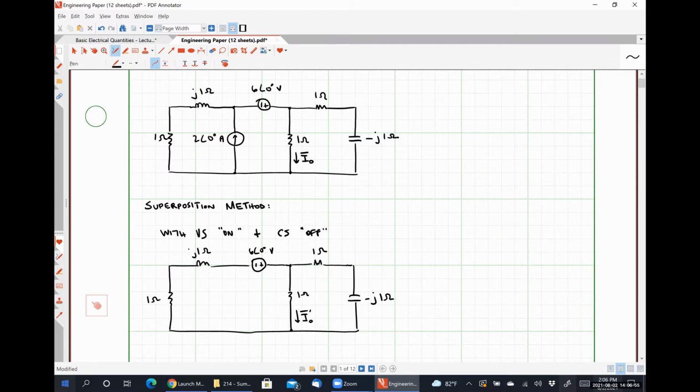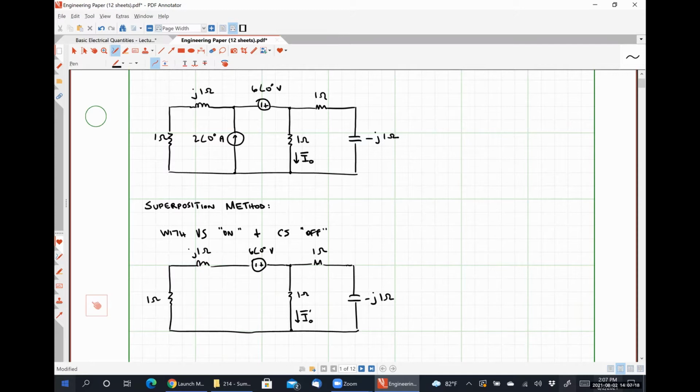KVL? So KVL, since if I were going to do KVL from here, I'd actually likely wind up doing mesh analysis.